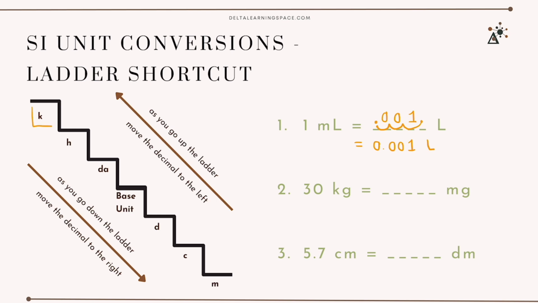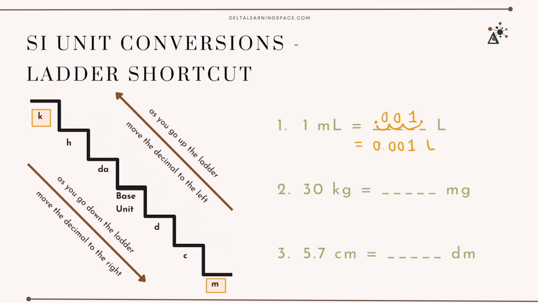Our next problem gives us 30 kg, and we want the equivalent measurement in mg. So now we are starting at the k and going all the way down to our m, which means we are going down the stairs 1, 2, 3, 4, 5, 6 steps.